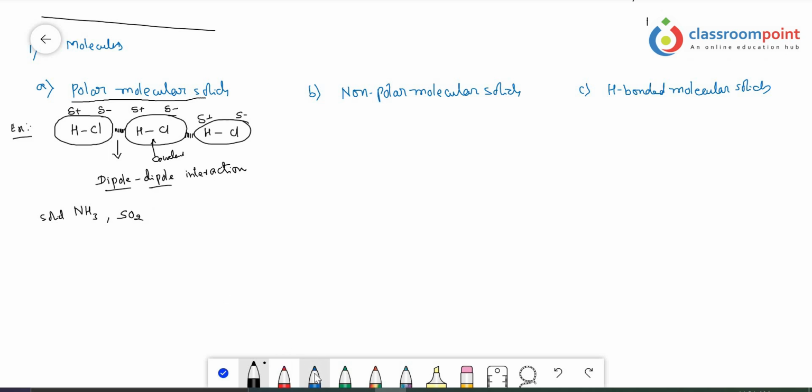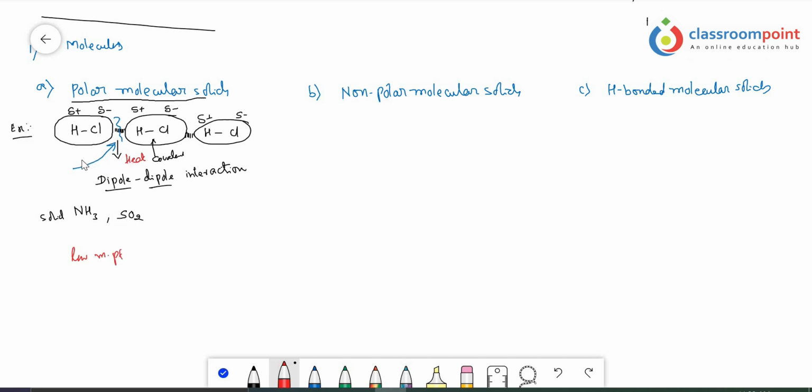And we know that these dipole-dipole attraction forces are very weak forces of attraction. Hence, it is easy to break these attraction forces just by supplying a little amount of heat. Hence, we say that these polar molecular solids have very low melting point values because of the weak attraction forces.